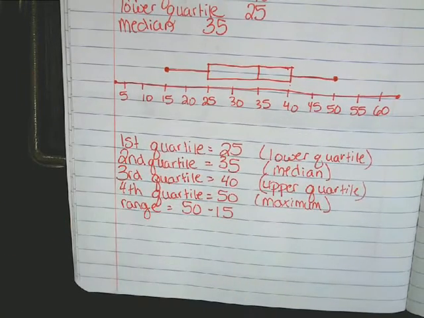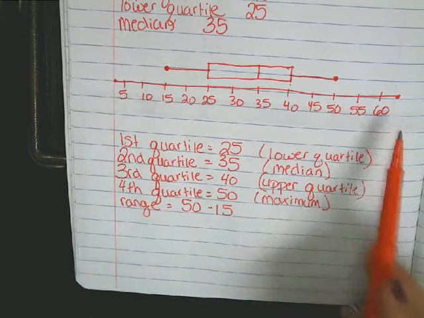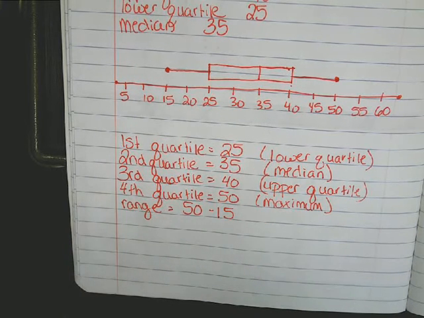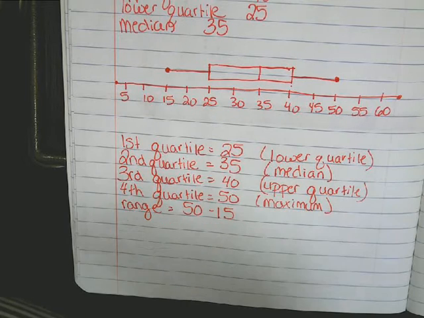Because 60 is the highest number on the number line and 5 is the lowest. Why am I not using those numbers? I'm using the highest number and the lowest number that has a point on my box and whiskers.